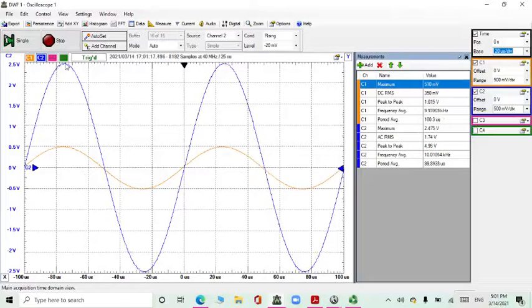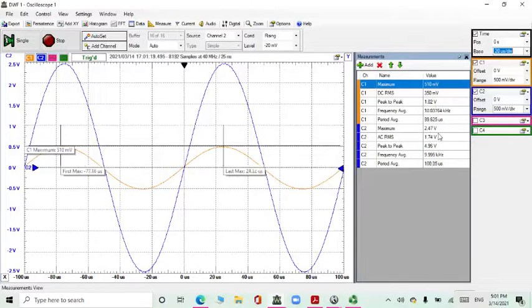You can see here your maximum is 2.47 and your input is 510 millivolts. So it's 2.4. If you do your calculation, you can find that your amplification is, I think, 2.45. It's 1 plus R2 divided by R1.